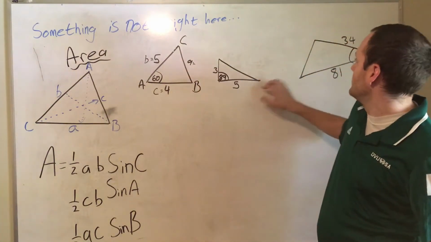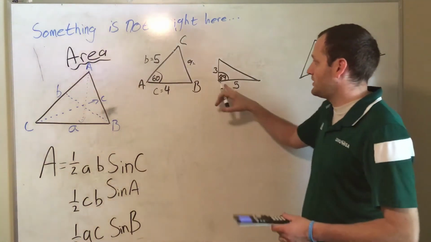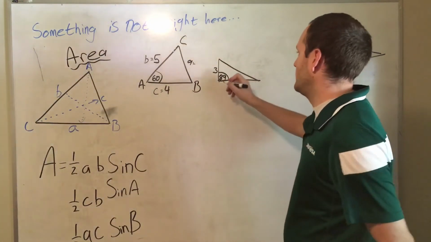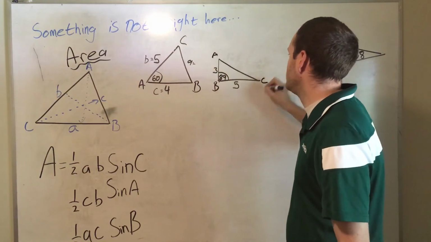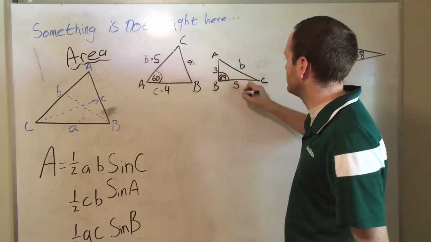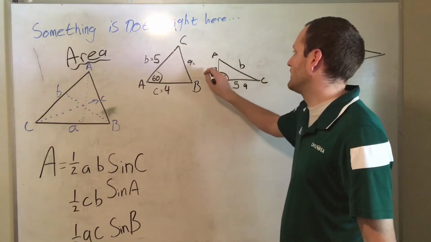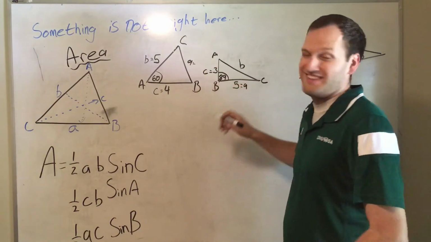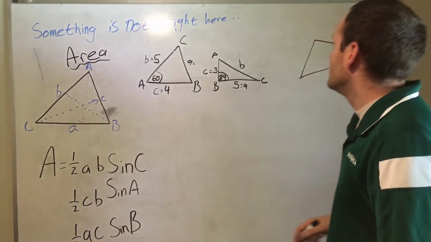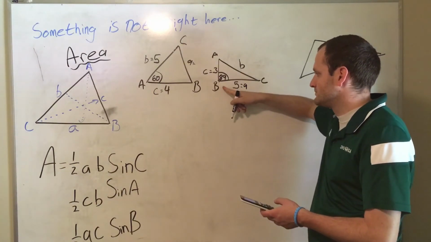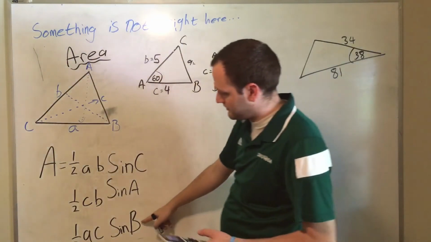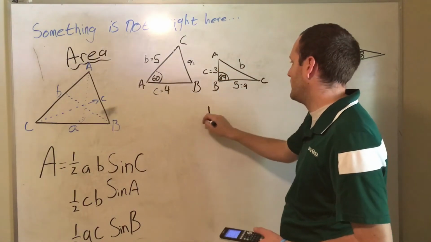Alright, let's do this one. I'm going to have you do this last one. So here, let's call this angle B, A, C. We've got side B, we've got side A, and we've got side C. It doesn't matter where I start. So, here with angle B, I'm going to be using this last formula.